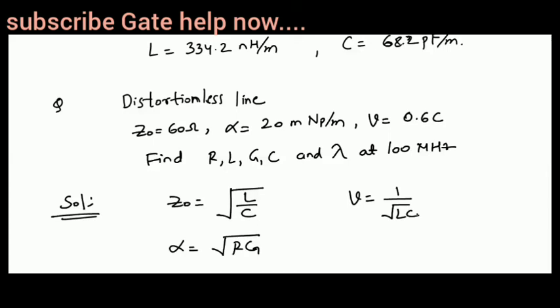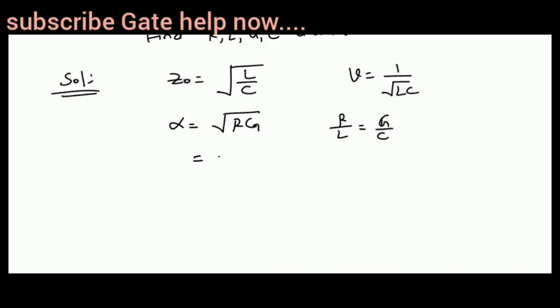From this, we know that for a distortionless transmission line, R by L equal to G by C. So I'll replace G with RC by L. In the alpha, under root of R into G can be written as R into C by L. So this comes out to be R into under root C by L.